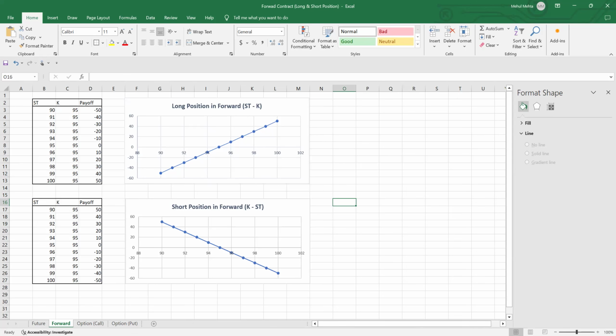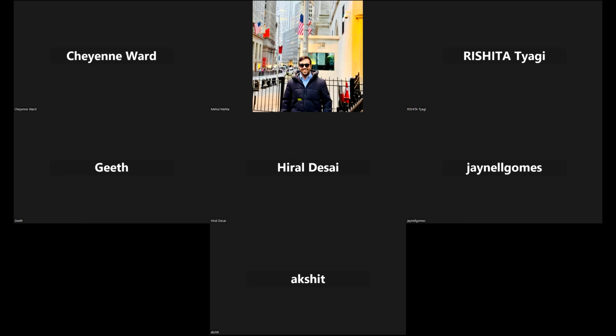So that was it. Let's study the third kind of derivatives, which is nothing but options. Options are used a lot. Let's try to understand what an option is, what a call option is, what a put option is, and how to calculate the payoff diagram of a call option and a put option.